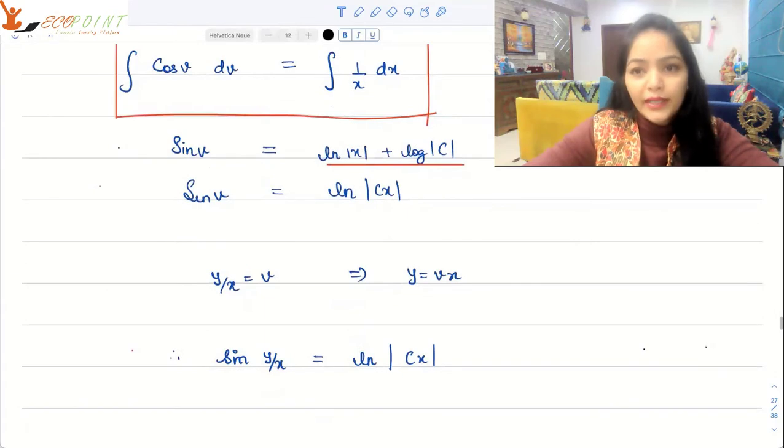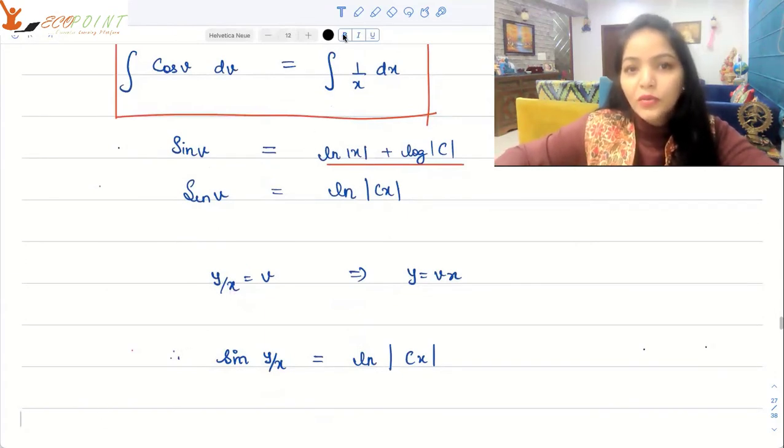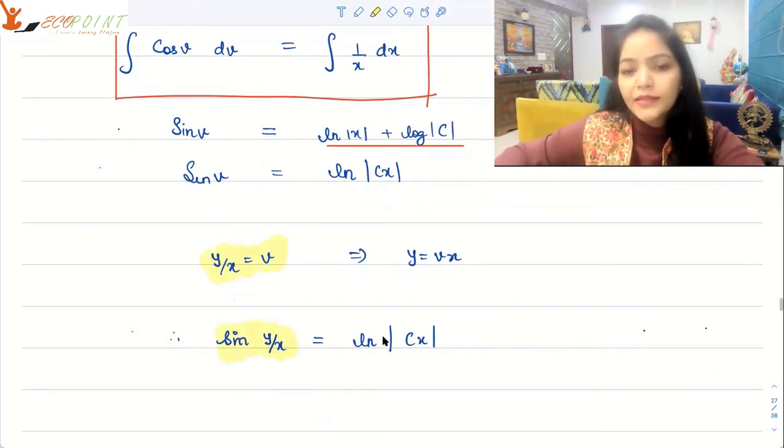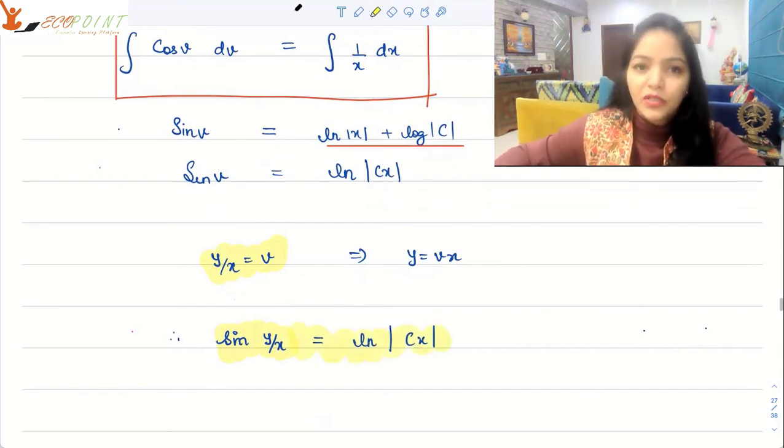Now convert everything to x and y. Since y/x equals v, we have sin(y/x) equals log of cx.